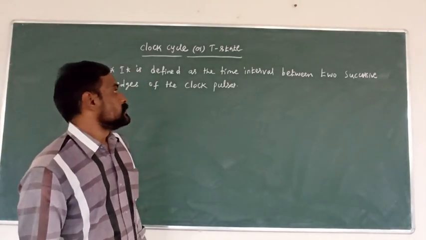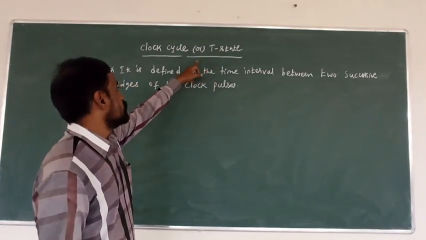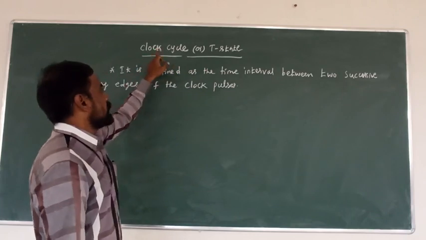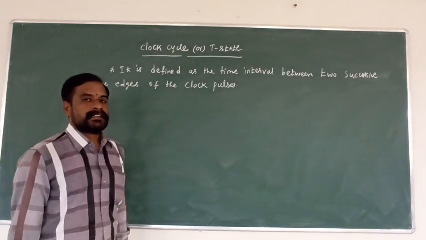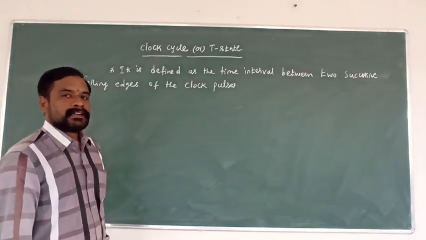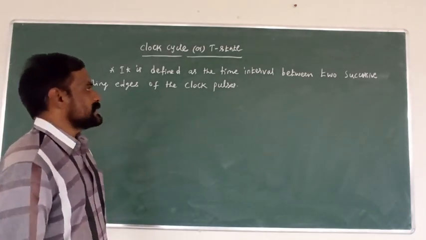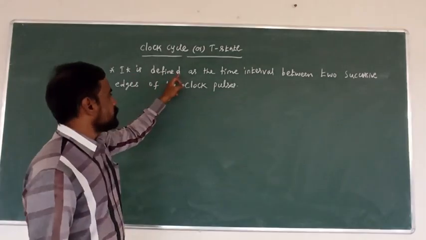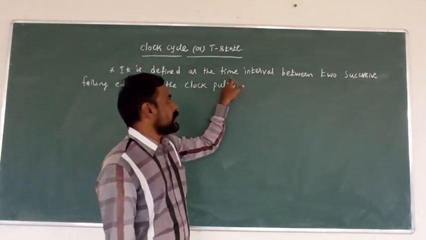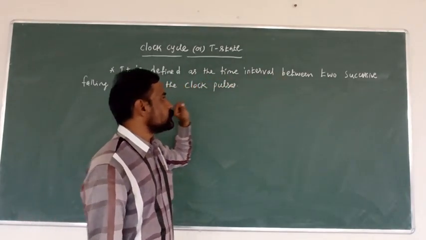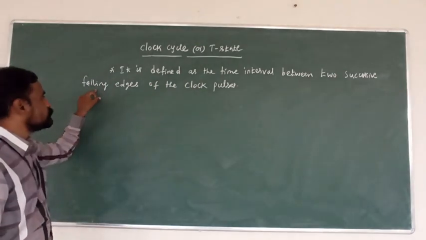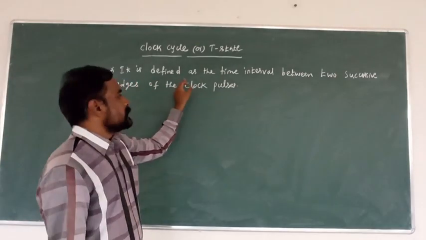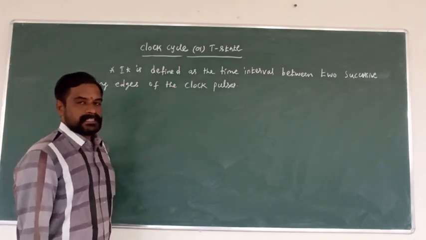Next one, T states, or clock cycle. It is defined as the time interval between two successive falling edges of the clock pulses.